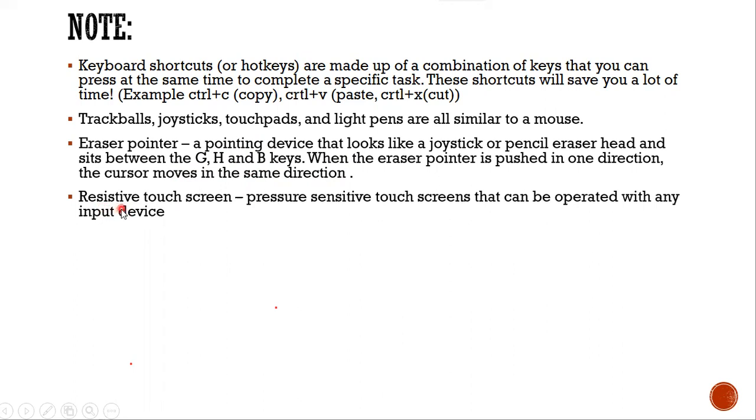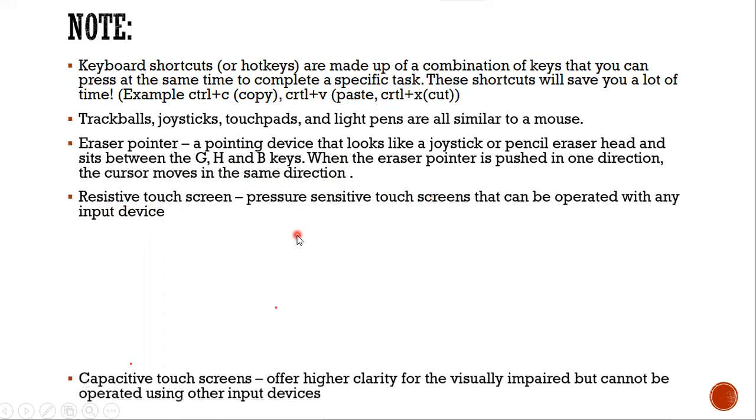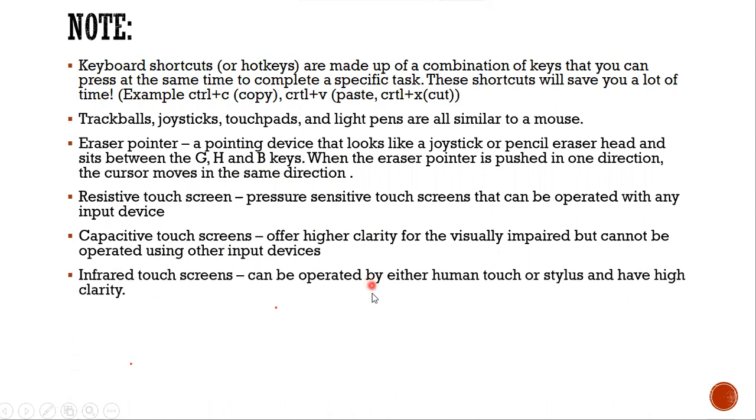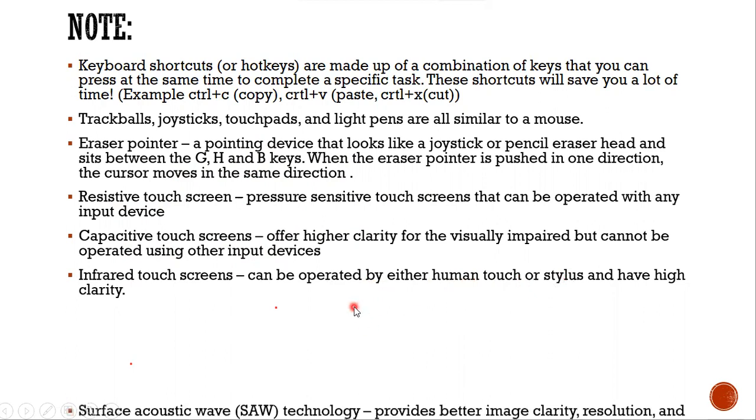Now we spoke about the resistive touch screen, which works with pressure, and the capacitive touch screen that works with the human touch. We have infrared that can be worked by either human touch or stylus and has very high clarity.